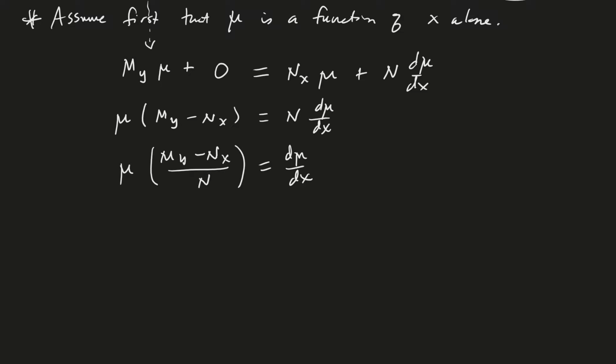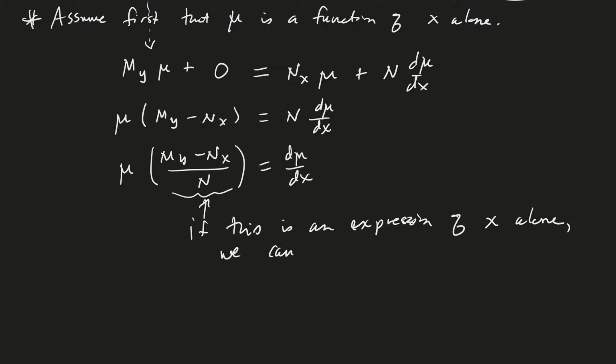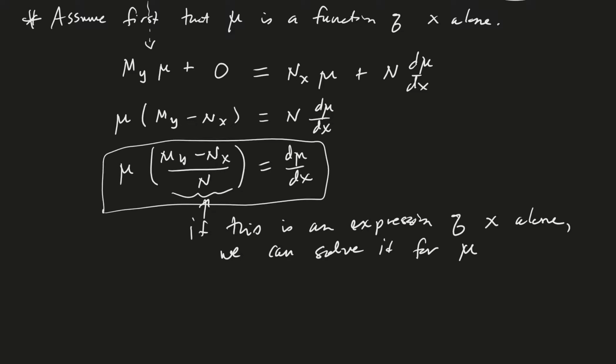Good. So if this is an expression of x alone, we can solve it for mu, right? Because this equation then would be separable, right? You'd have mu times a function of x equals d mu over dx.